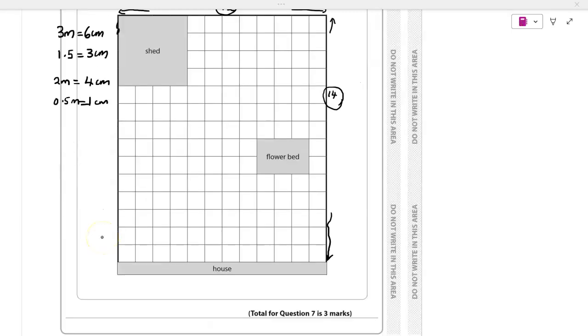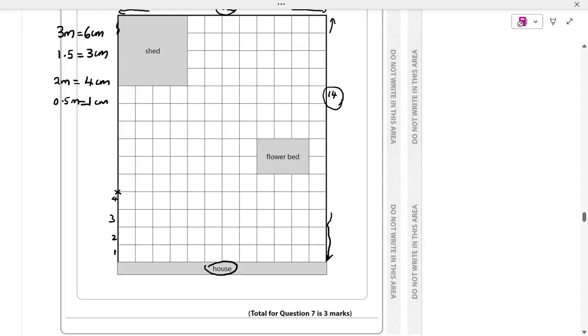So now let's create the space on the grid. It says at least 2 meters away from the house. 2 meters, we said, is going to be 4 centimeters. So that is the house here. So we draw 1, 2, 3, 4. So we should start from somewhere here.